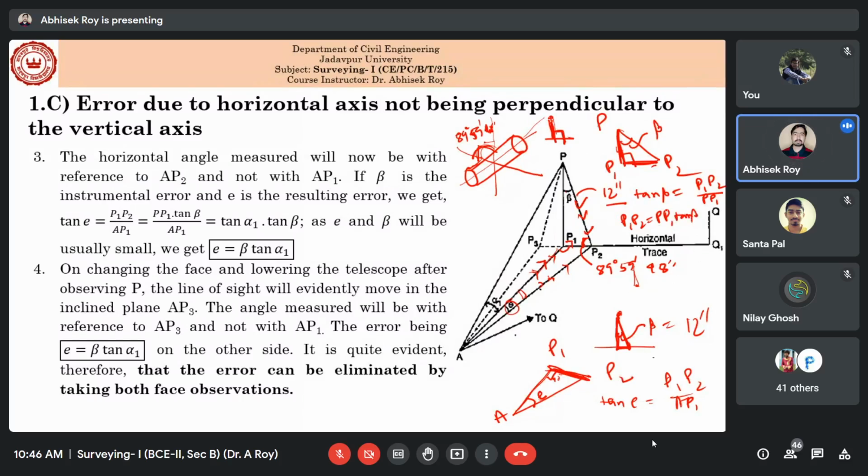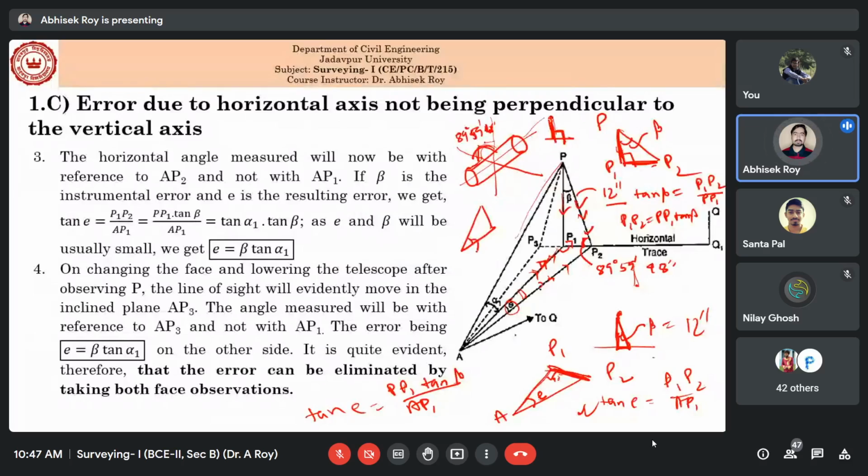So this P1, P2 value we will replace in this equation. So ultimately tan E will become PP1 tan beta by AP1. Now PP1 by AP1, we can again write from this triangle. As you can see, this bigger triangle, this one and this one.